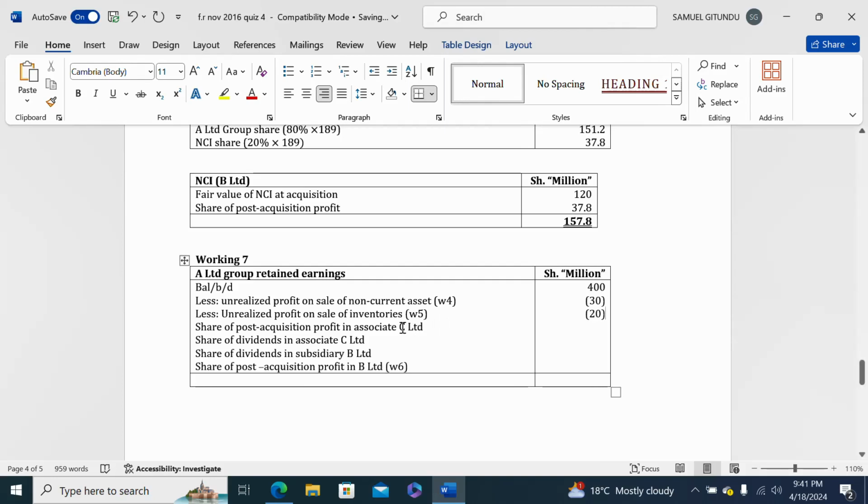Then we add the share of post-acquisition profit in associate C limited. The total retained earnings in the associate C is 250. We deduct the retained earnings at the date of acquisition, which are 100.